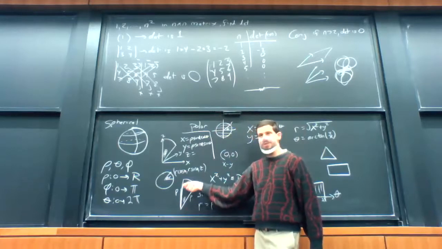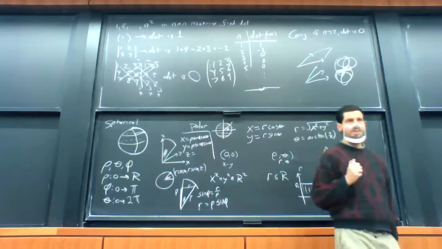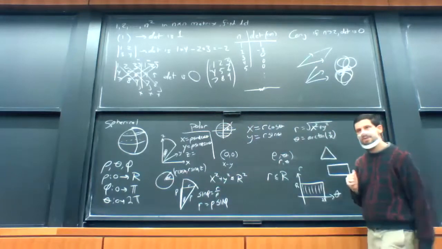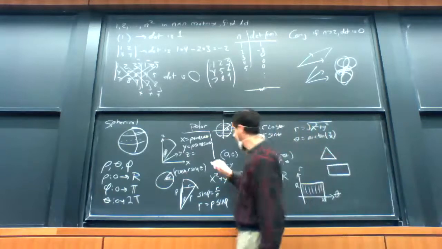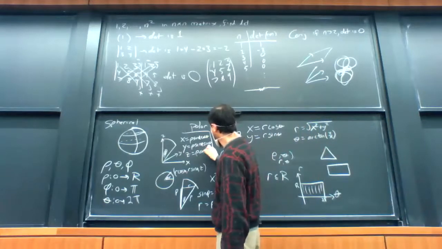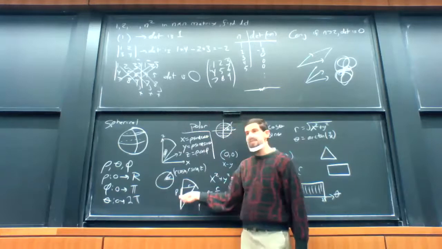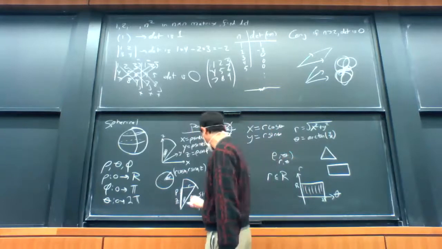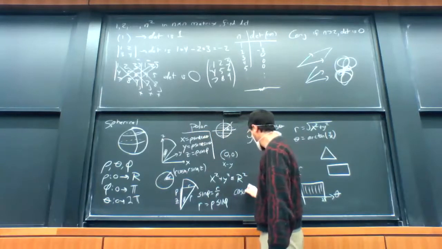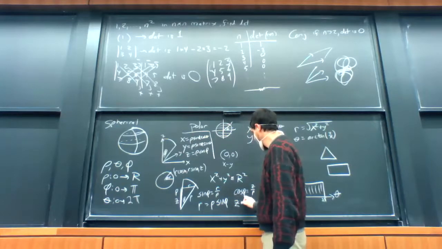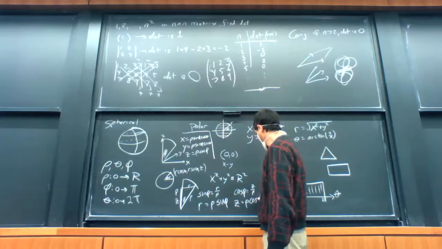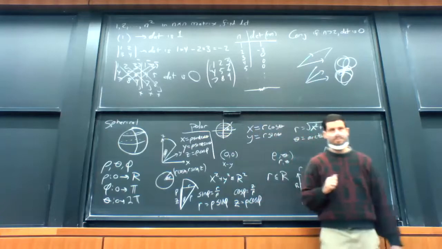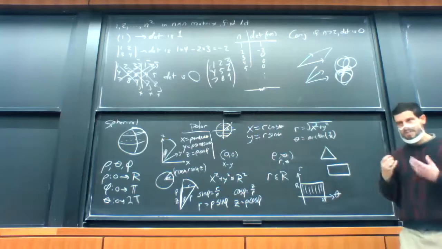This will be rho cosine phi. We now use the adjacent side. The cosine of phi is adjacent over hypotenuse. So you would get cosine of phi is z over rho. So z is rho cosine phi. And that's spherical coordinates.